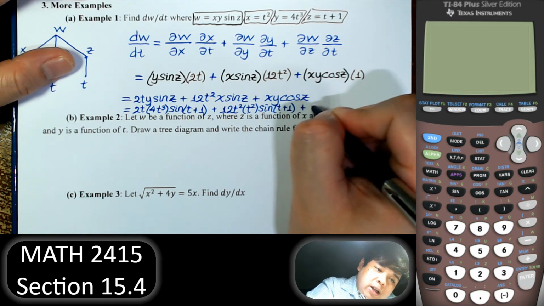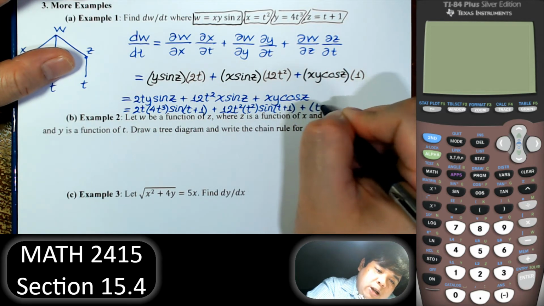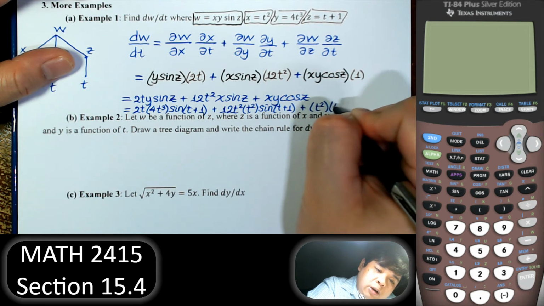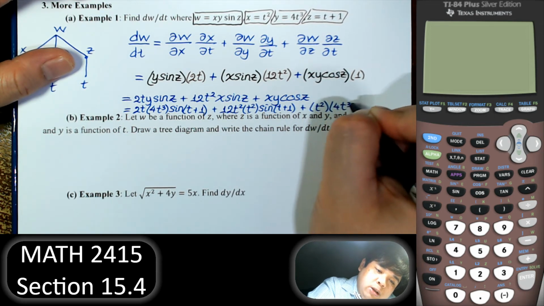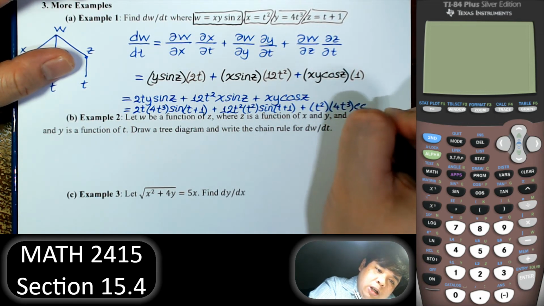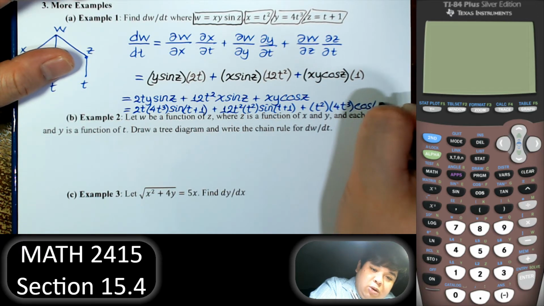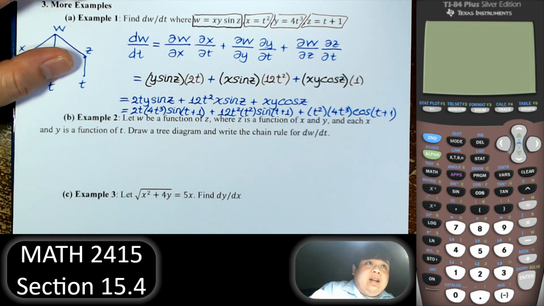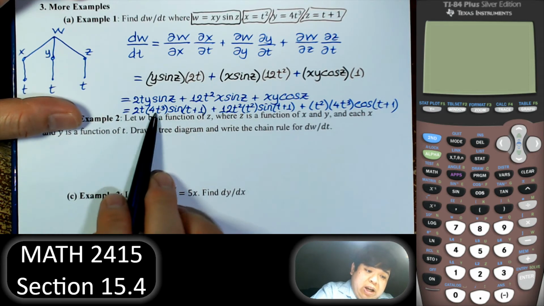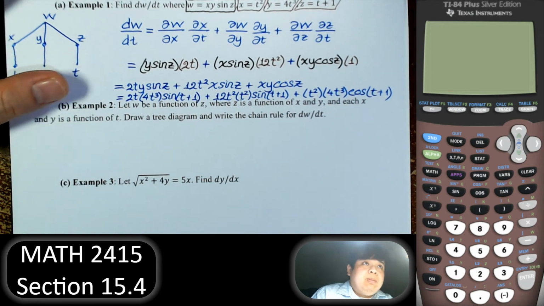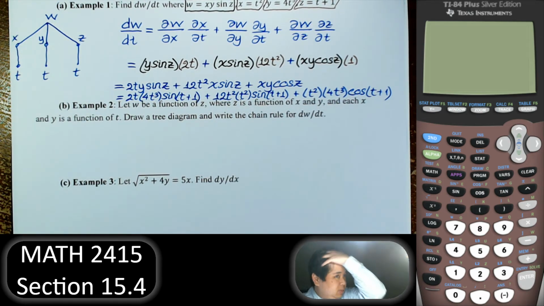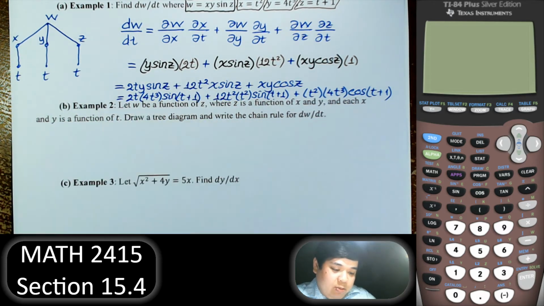And then xy, x is t squared, y 4t cubed, cosine of z, t plus 1. Yeah, just substitute all of that in. I run out of space, but certainly we can combine those terms. It's no big deal.